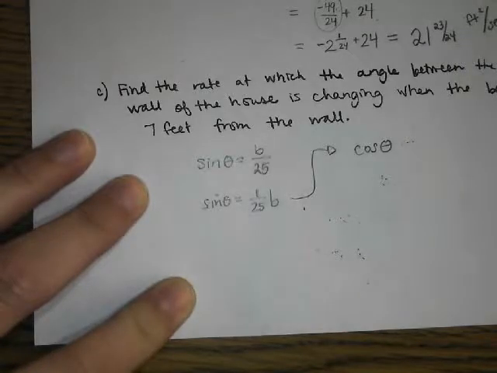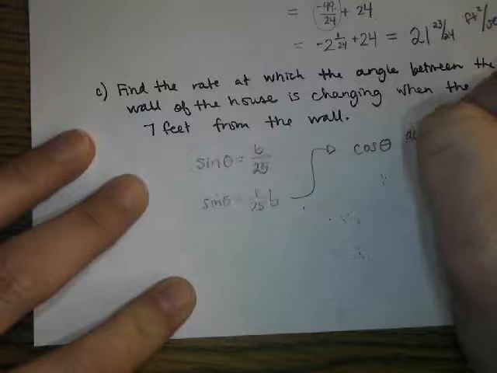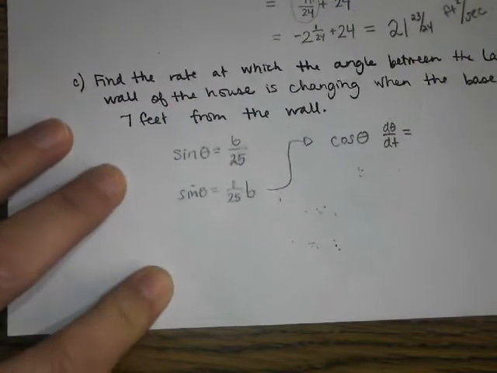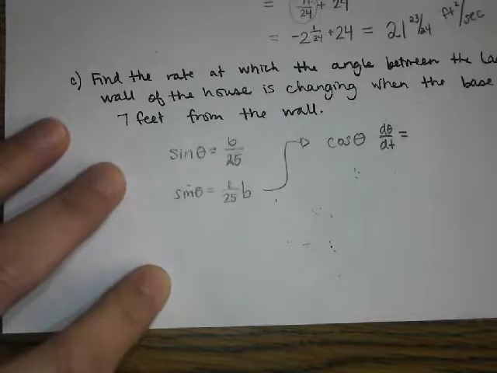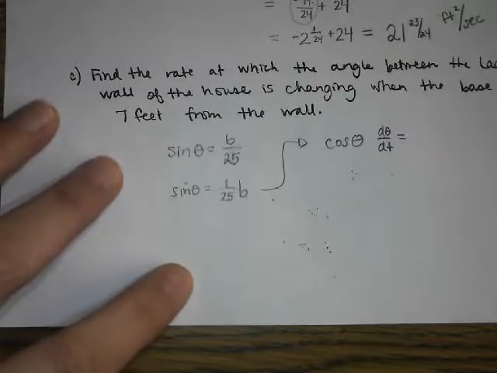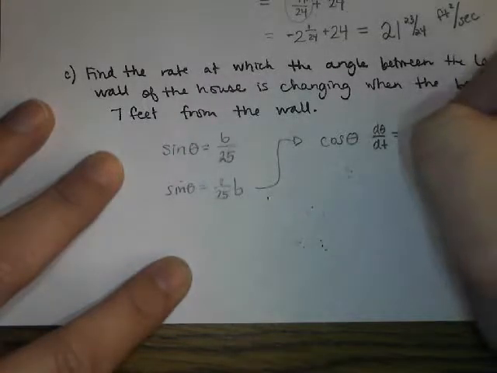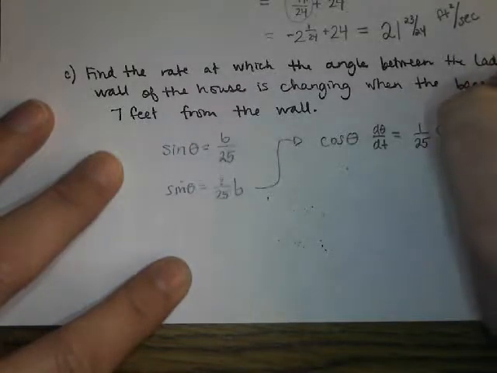Cosine theta d theta/dt equals the derivative of 1/25 of B is what? Very good, 1/25 dB/dt. Perfect.